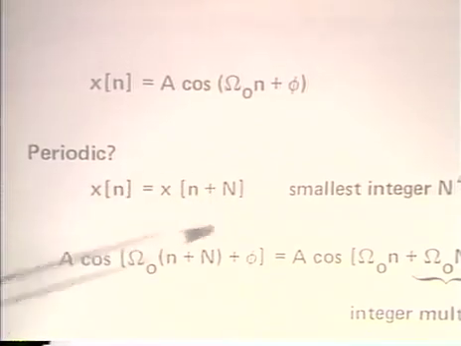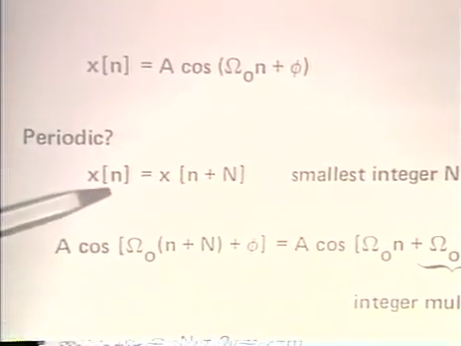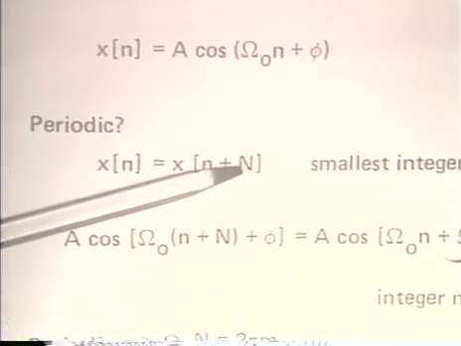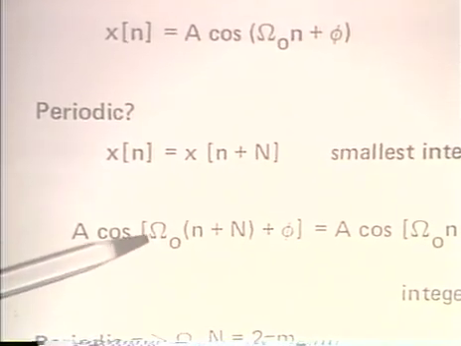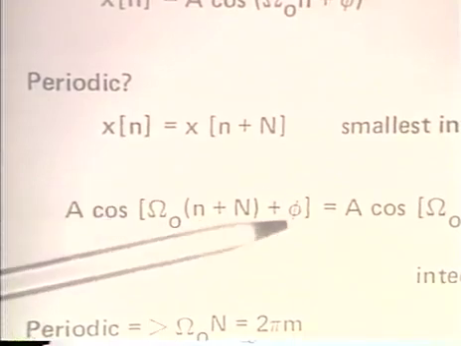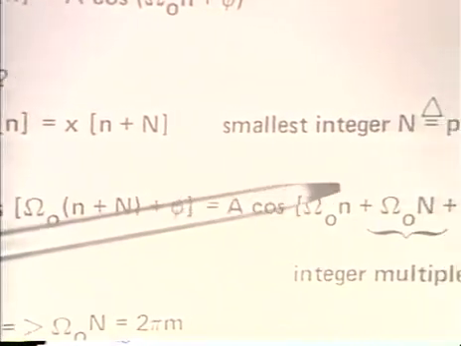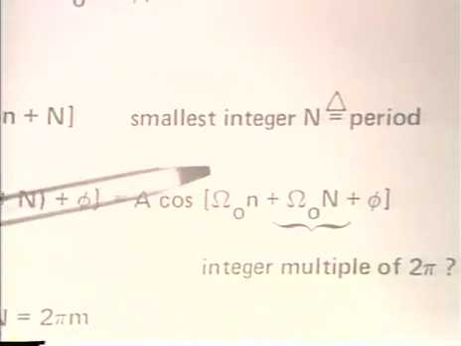Now, when we try that on a sinusoid, we, of course, substitute in for n plus capital N. And when we expand out the argument here, we'll get the argument that I have on the right-hand side.